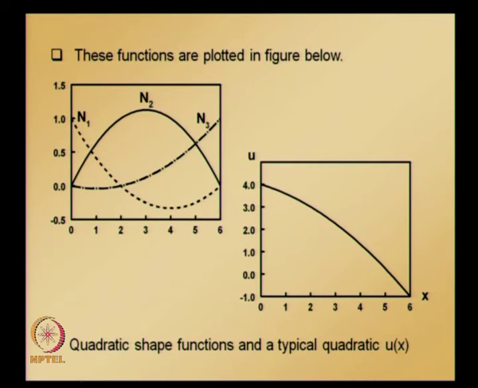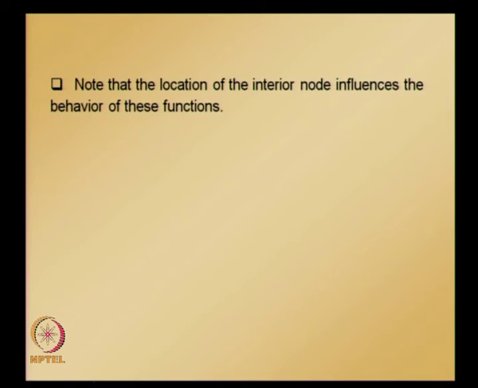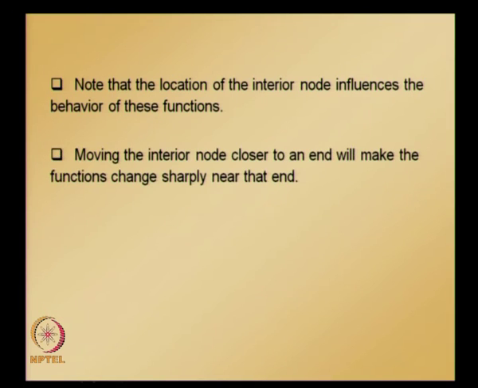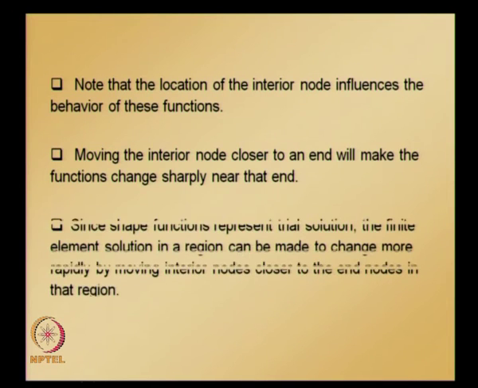So, by playing with the location of the interior node, we can change the way the trial solution is varying. Note the location of the interior node influences the behavior of these shape functions, and moving the interior node closer to an end will make functions change sharply near that end.